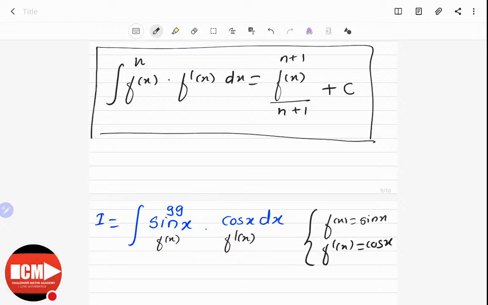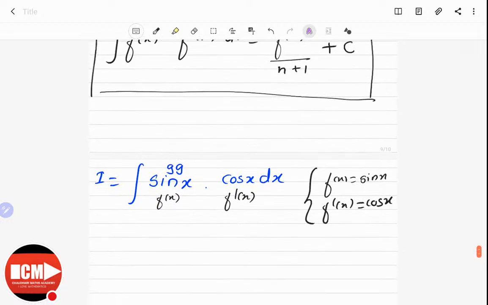Treat it as x raised to n, friends. Treat this like an integration of x raised to n. So it's f of x, and this is like x raised to n plus 1 upon n plus 1. Here f of x is raised to 99. So integration of x raised to n is x raised to n plus 1 upon n plus 1.